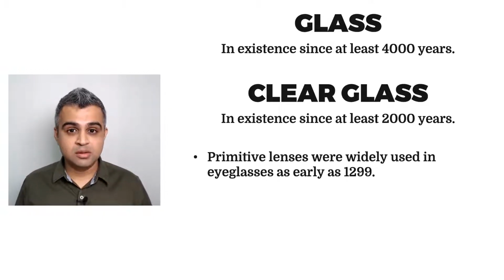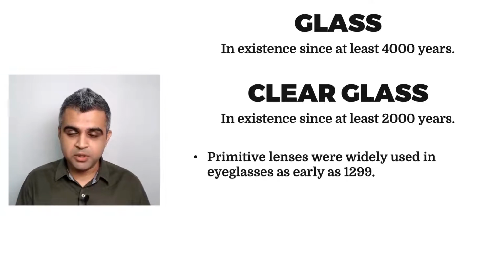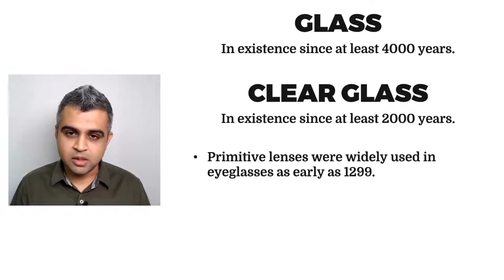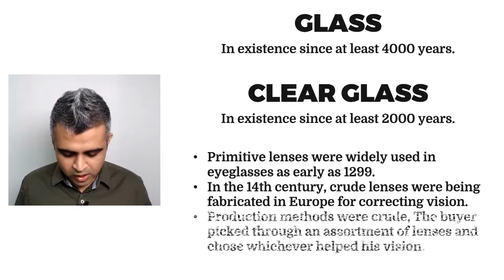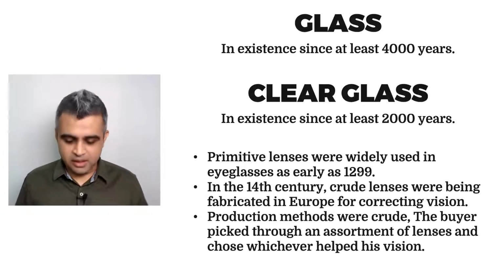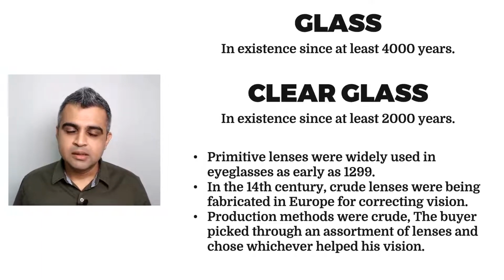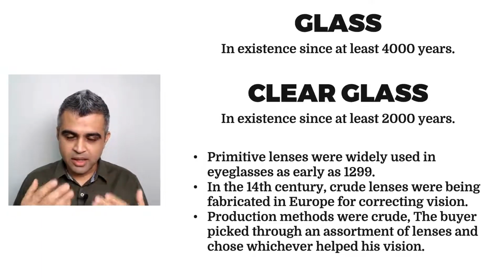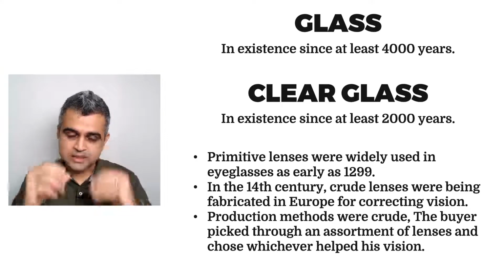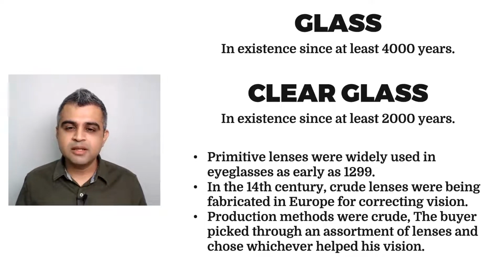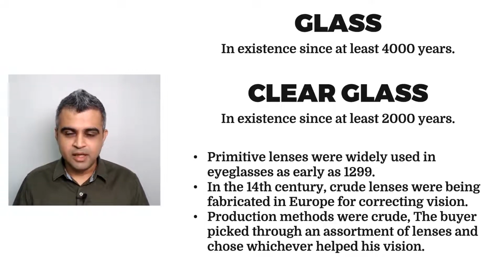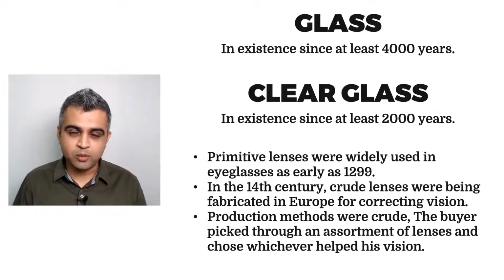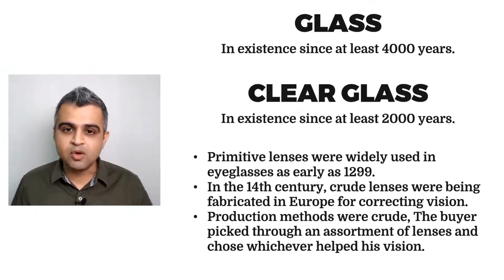But it was not like how we have today, that you go to an optician and they will give you your prescription of glasses with which you can see clearly. No. So in the early 14th century, glasses for improving vision, optical glasses, were used, but they were so primitive and the method was so crude that you went to an optician, he would have multiple glasses lying around, not knowing what diopter, what power, nothing of that sort.